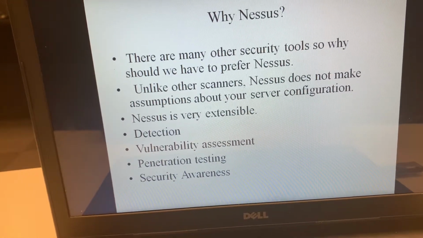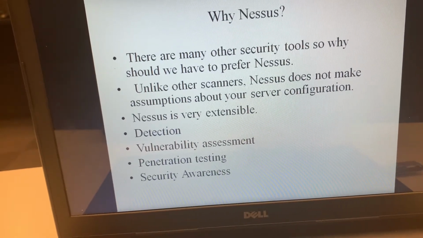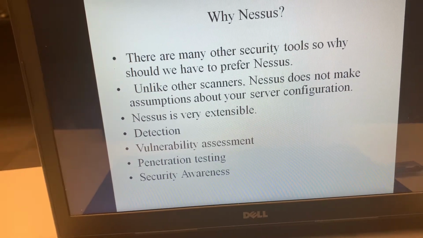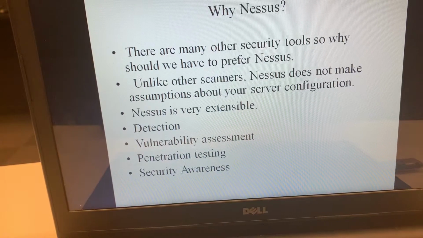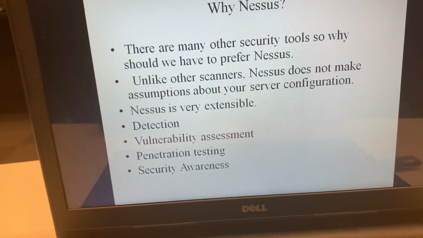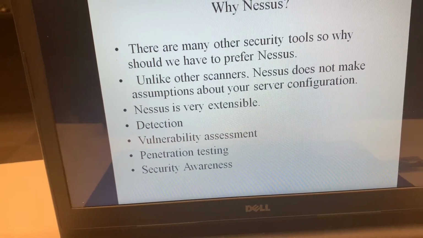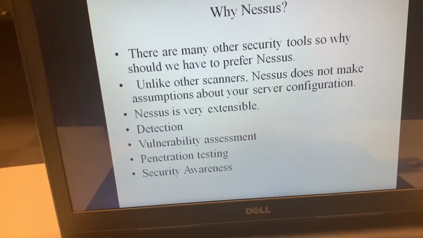Firstly, unlike other scanners, Nessus does not make assumptions about your server configuration. Nessus is very extensible, and it can detect any threat or attack on the system very easily. It is used for vulnerability assessment and penetration testing, and makes us aware about security.